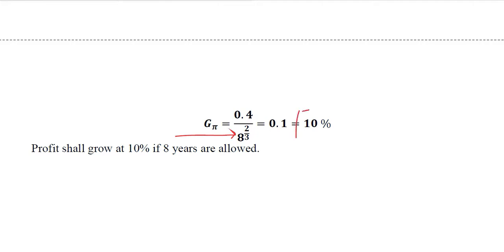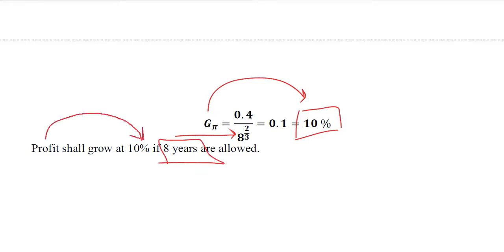So we got 10%. This is the growth rate after the passage of 7 years and during the 8th year. So the profit shall grow at 10% if 8 years are allowed to pass.